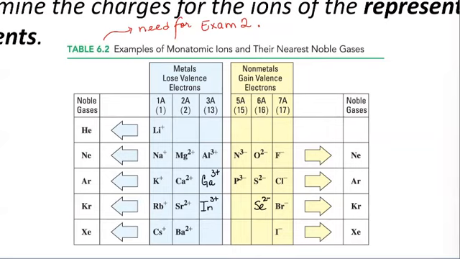Other atoms need to gain electrons to achieve that electron configuration of a noble gas. So that is the atom that we look towards, like, you're stable, I want to be like you. That's why we talk about it in terms of that.